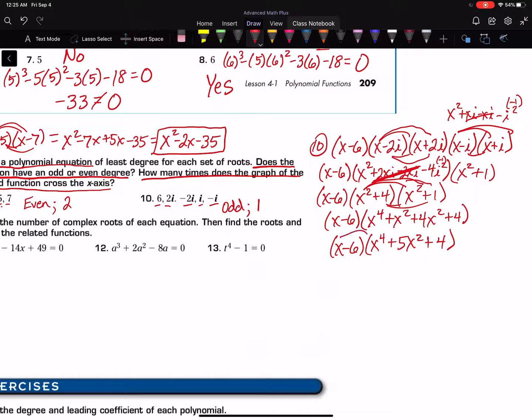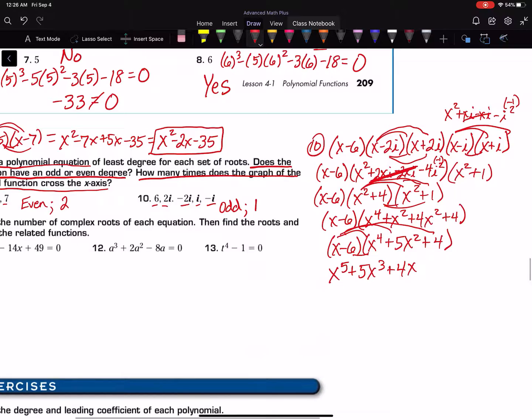And one more time, x times x to the 4th is x to the 5th. x times 5x squared is 5x cubed. x times 4 is 4x. Negative 6 times x to the 4th is negative 6x to the 4th. Negative 6 times 5x squared is negative 30x squared. And negative 6 times 4 is negative 24.